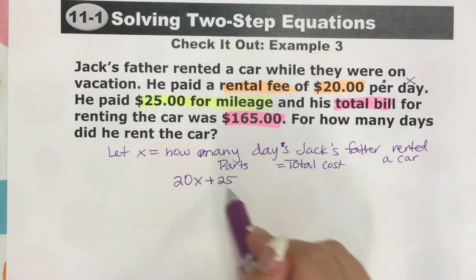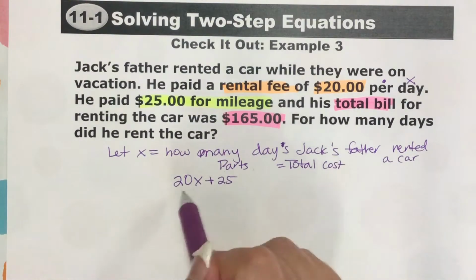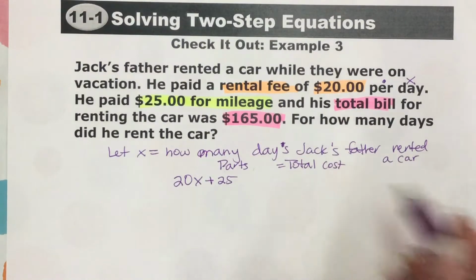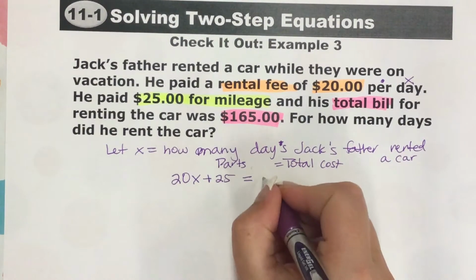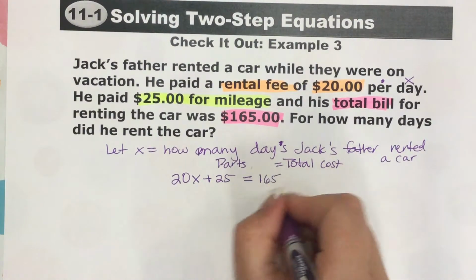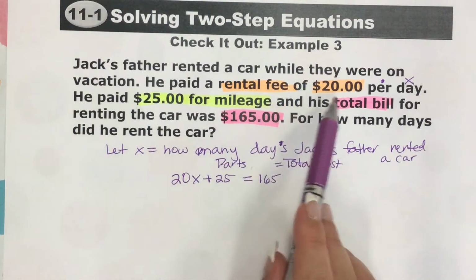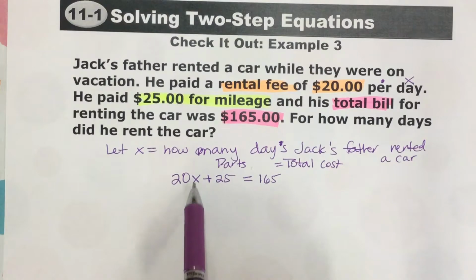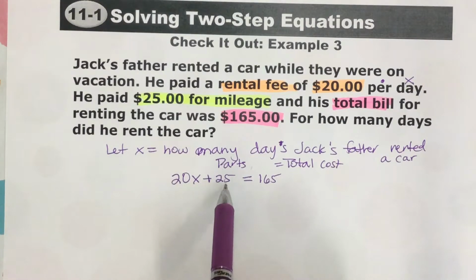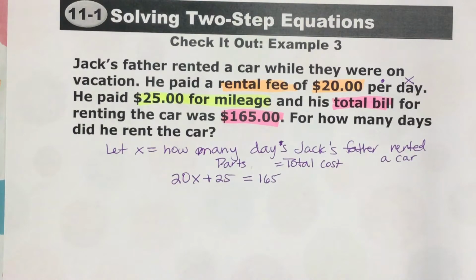Those are what make up the total cost, which should all equal 165. And then there you have it. You have your two-step equation.